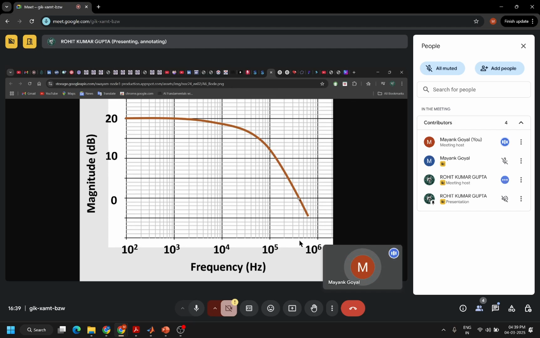Yeah, so this will be your value. I think it's a multiply factor of 10 to the power 5, right? Yeah, so this is in log scale.